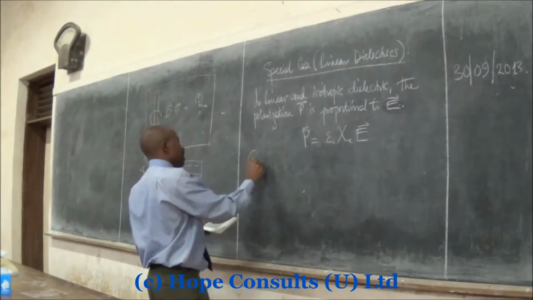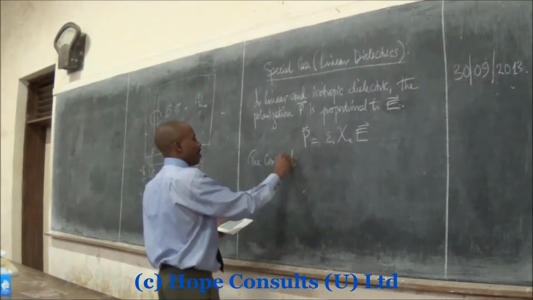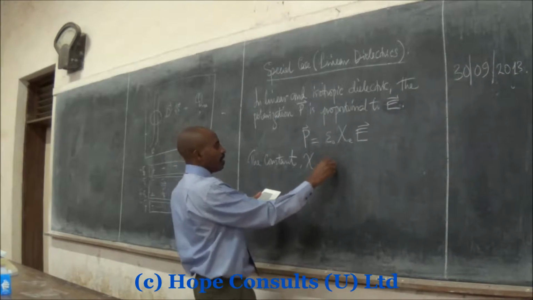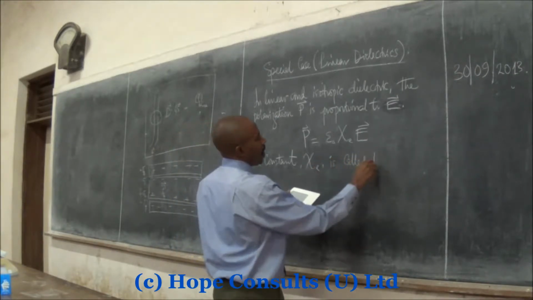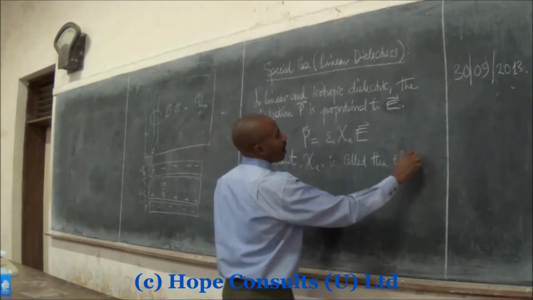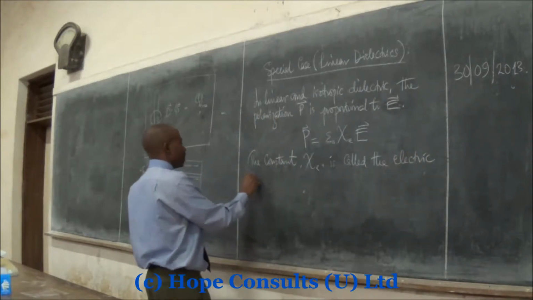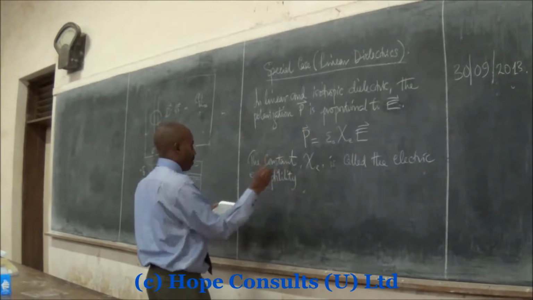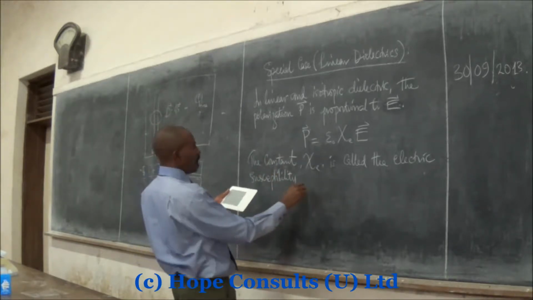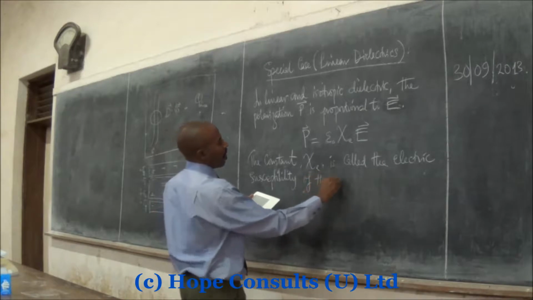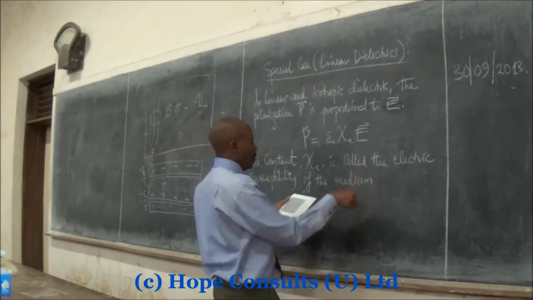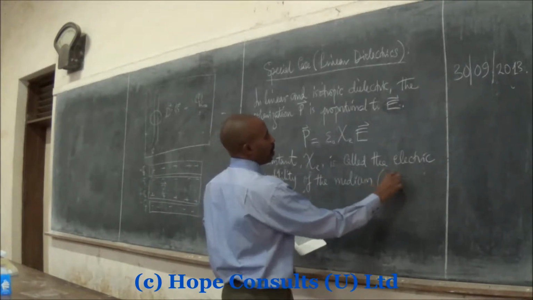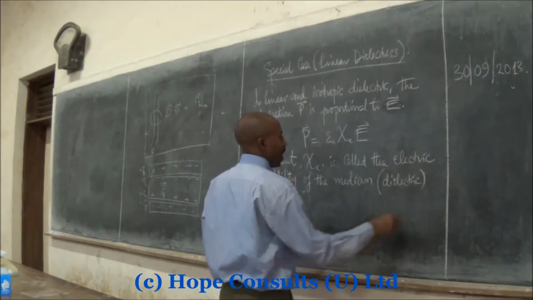And this constant chi E is called the electric susceptibility of the medium, or what we call the dielectric.